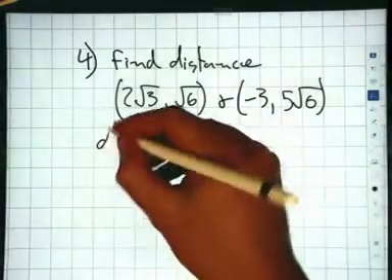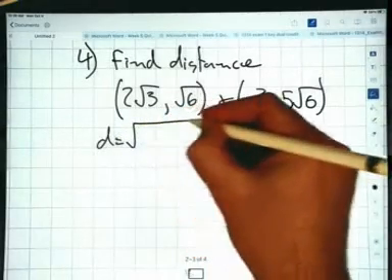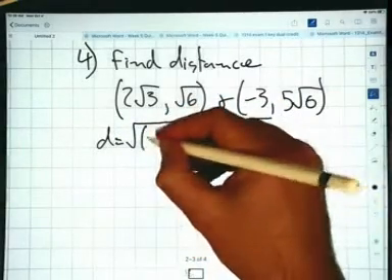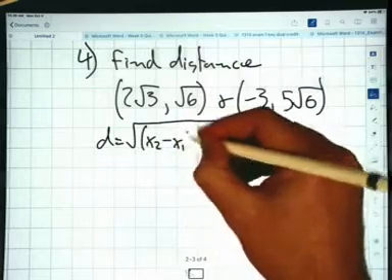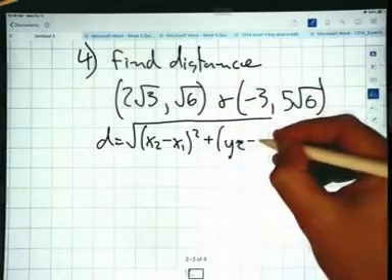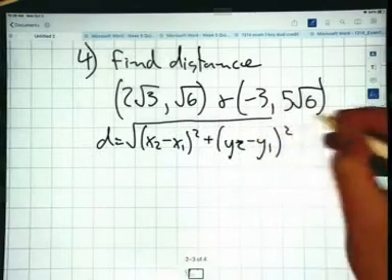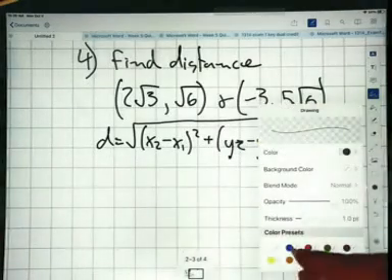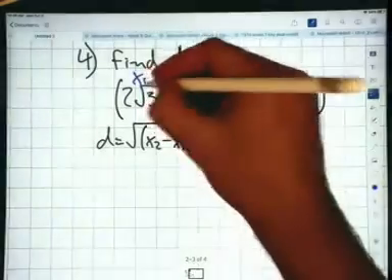So we're going to plug into our distance formula: x2 minus x1 squared plus y2 minus y1 squared. And before I do anything, I'm going to label my points.